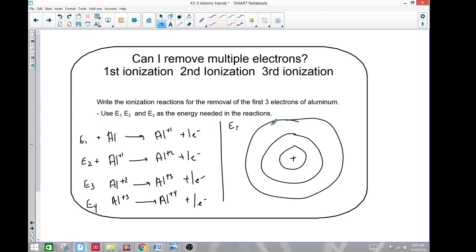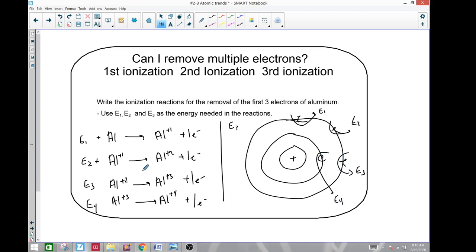I'm pulling off this electron, this electron, this electron, and this electron. Let's say this is E1, this one could be E2, this one could be E3, and this one, a little bit different, is E4.